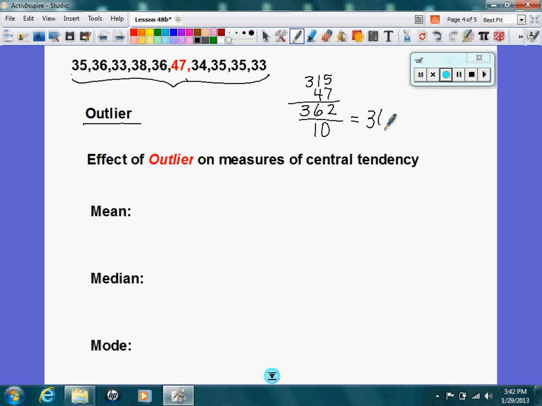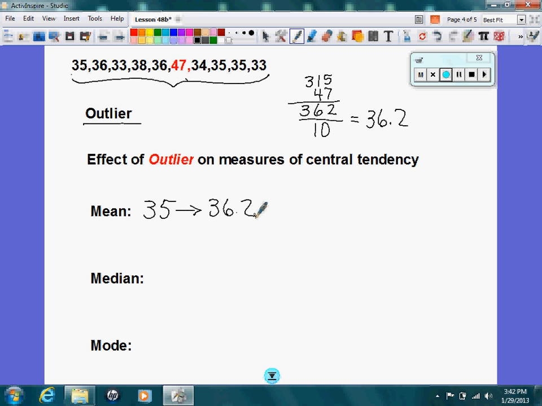That would give us 36.2. I don't know if you remember it or not, but our mean yesterday was 35. So the effect that the outlier has had on our mean is that it has increased our average from 35 up to 36.2. So you can see the effect there.